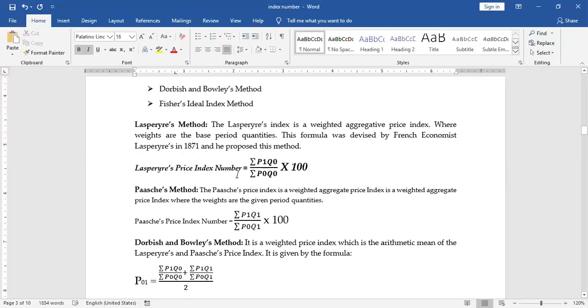Laspeyres' price index number is sigma P1 Q naught divided by sigma P naught Q naught into 100. Very important, I'll repeat this: sigma P1 Q naught divided by sigma P naught Q naught into 100.